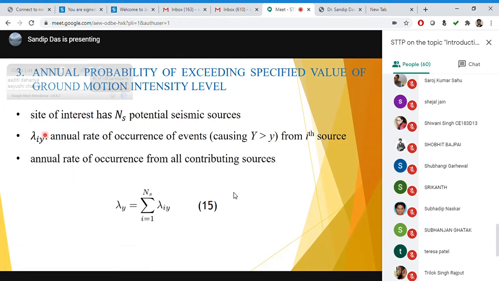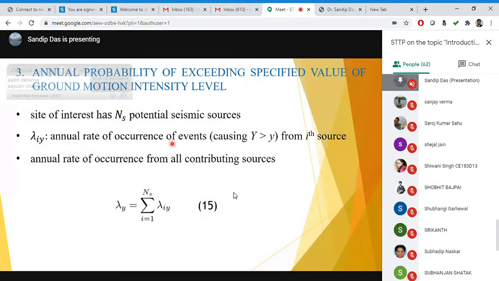So it says a very simple thing: if your site of interest has ns potential seismic sources, then for each particular source you find out the rate of occurrence causing Y greater than y from the ith source. That we will see how to get. Once you know it for one source, the rate of occurrence you can always sum up. If one source gives you one rate of occurrence, another source gives you another, if you add them up, that means it is the annual rate of occurrence from all contributing sources.